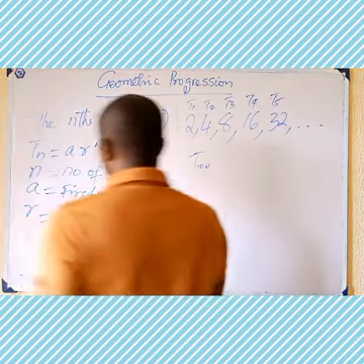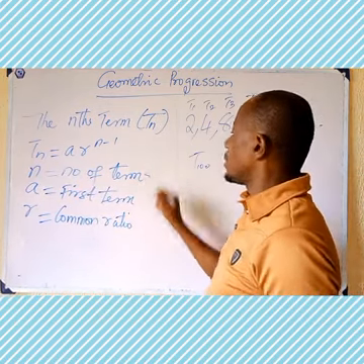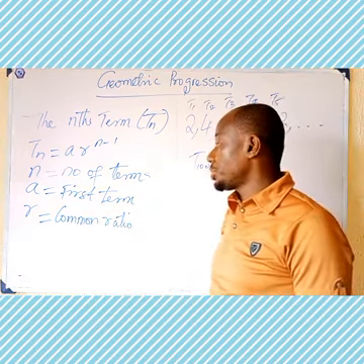So n represents the number of terms, a the first term, and r the common ratio.